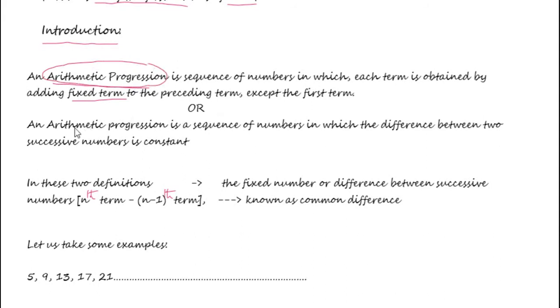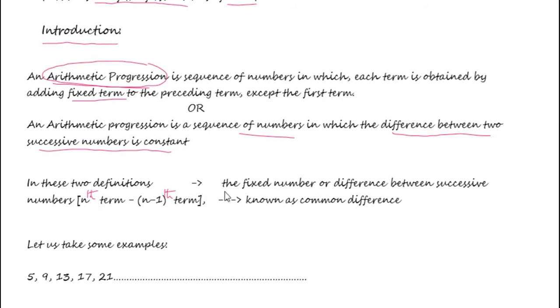It says an arithmetic progression is a sequence of numbers in which the difference between two successive numbers is constant. That is, subtract the first number from the second, or the second number from the third, continue like that, that difference is always constant.